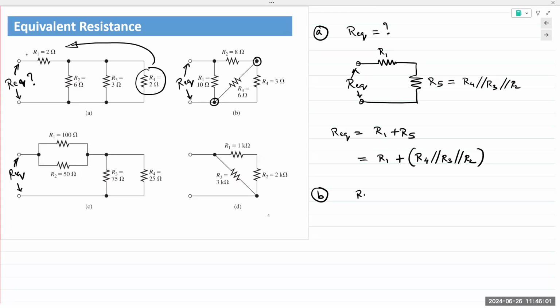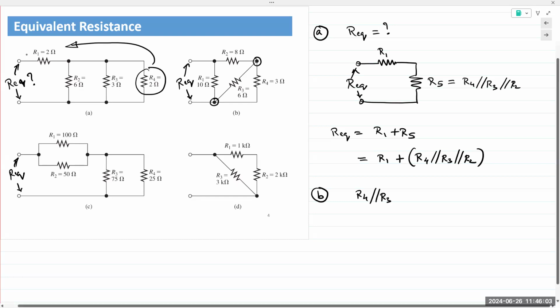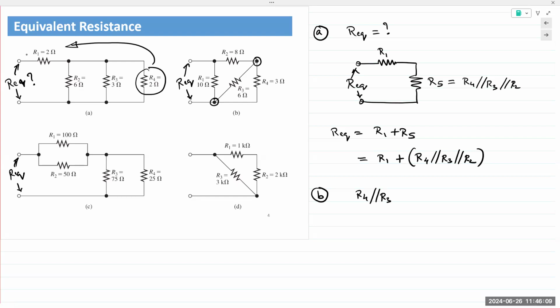So R4 is in parallel with R3 because both ends of the respective components are connected to each other. I like to use the term holding hands. They're holding hands together. So R3 and R4 are in parallel, and we can reduce it to one single resistance.